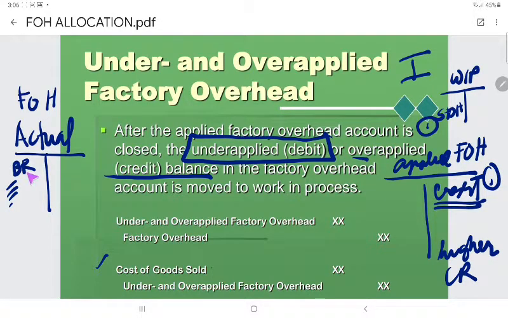Dahil debit balance ang actual factory overhead. Lahat ng ginagastos mo, expense to eh, 'di ba? Ano bang normal balance ng expense? Debit. Kaya debit ka ng debit, 'di ba? Klaro 'yon. So, kasi pwede nga ibigay lang sa iyo debit balance o credit balance. Or dapat alam mo pag sinabing under applied tsaka over applied kasi dapat alam mo kung kailan siya i-debit at kailan siya i-credit.